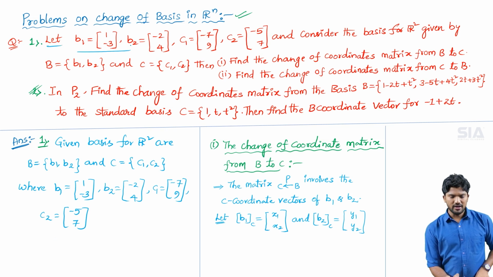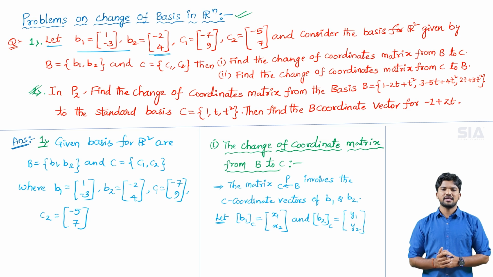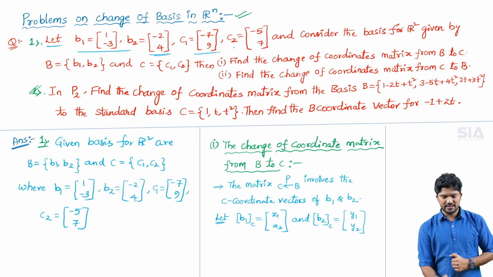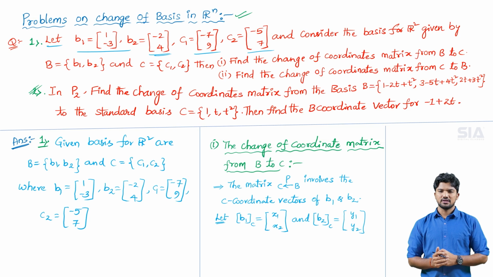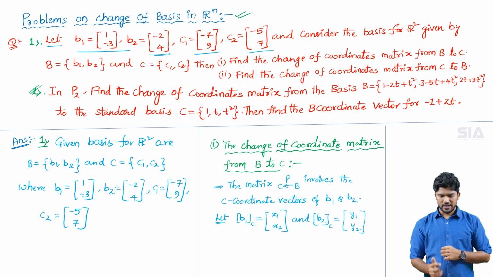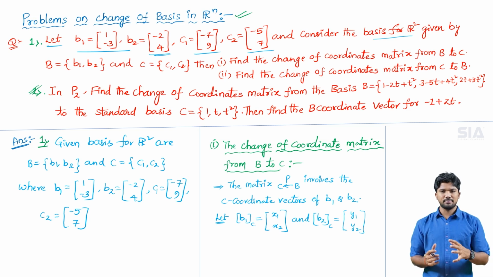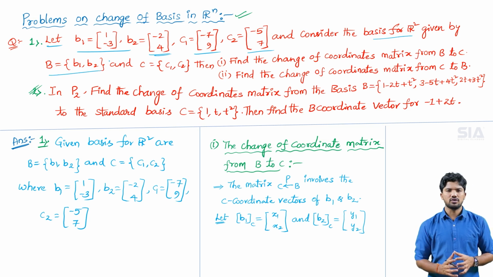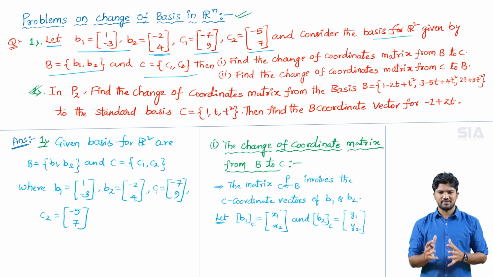Let B1 equal to 1, minus 3, B2 is equal to minus 2, 4, and C1 is equal to minus 7, 9, C2 is equal to minus 5, 7 are the 4 vectors, and consider the bases for R2 given by capital B is equal to B1, B2, and another basis capital C is equal to C1, C2.